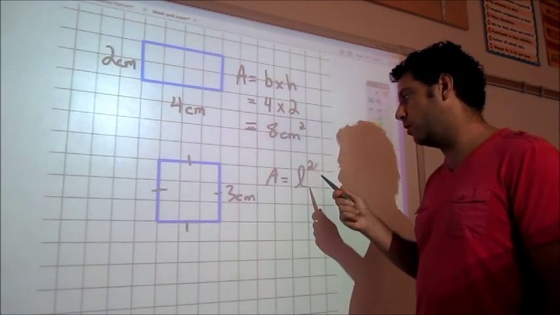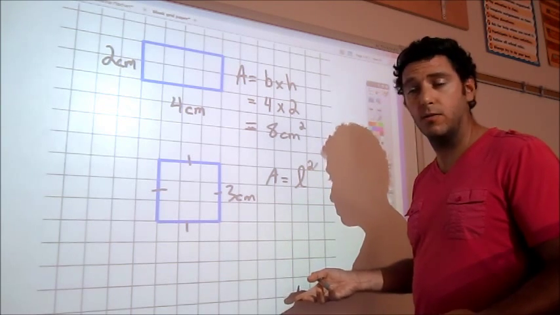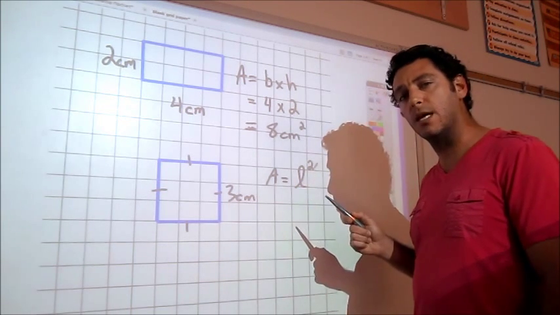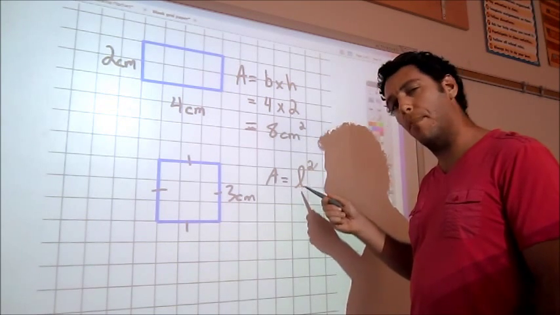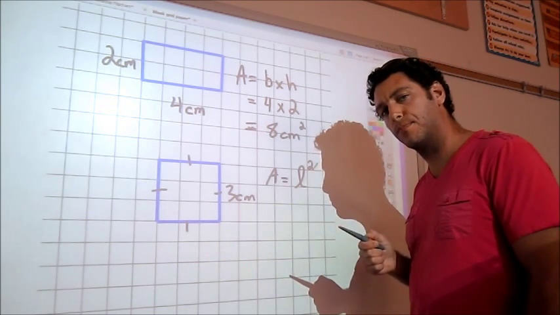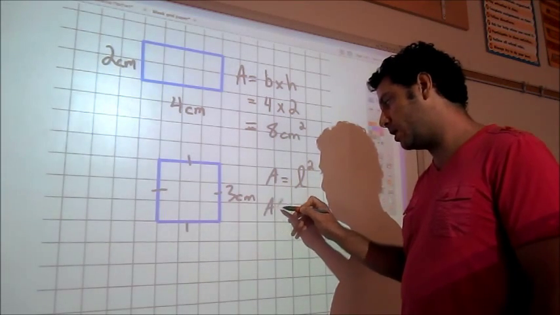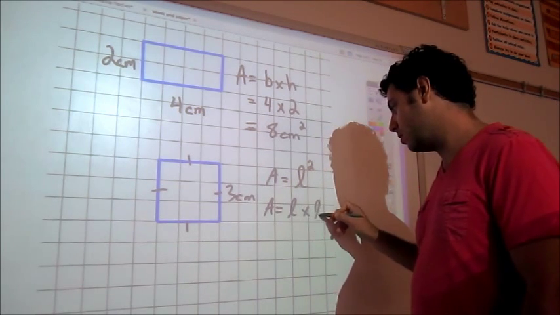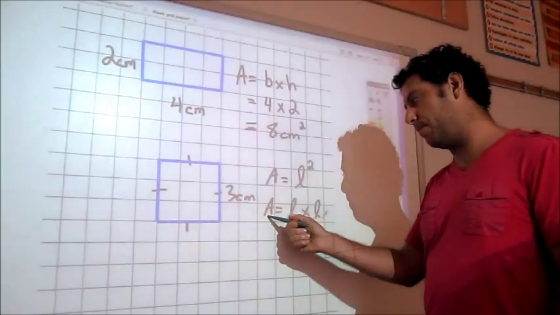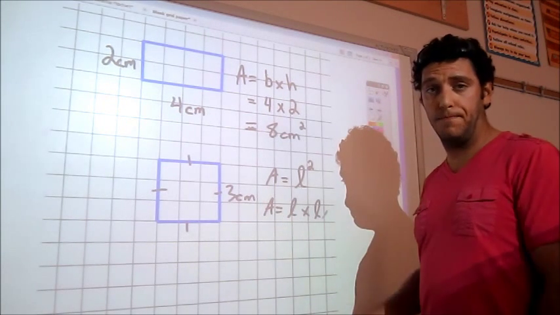And that little 2 represents that it's a square. Okay? What that means is that you multiply this number by itself. So the area of the square is equal to the length times the length.